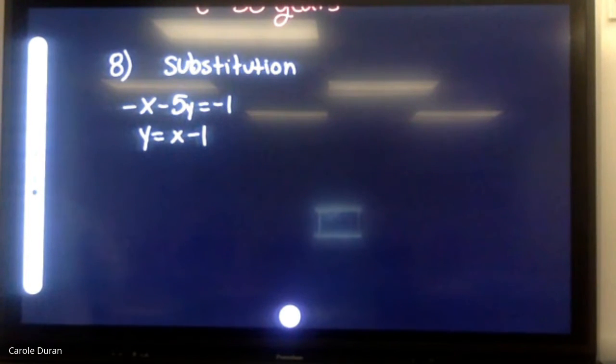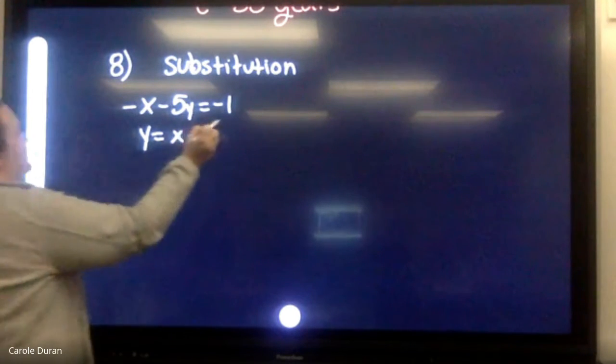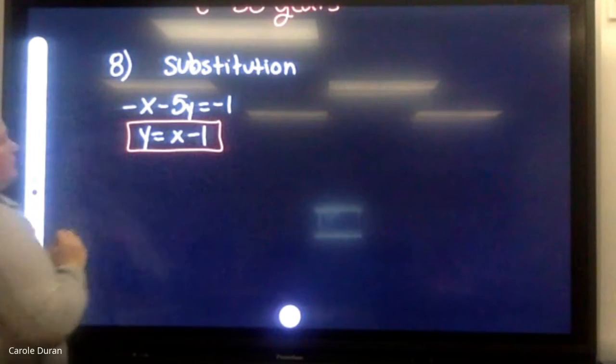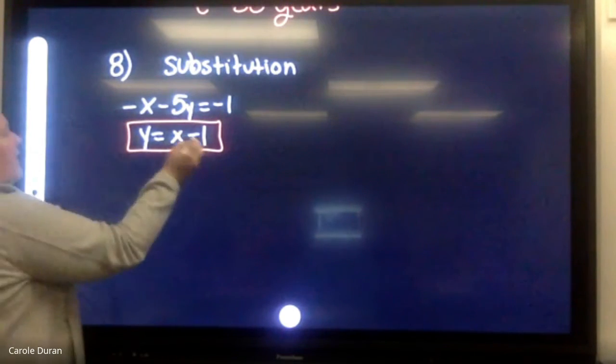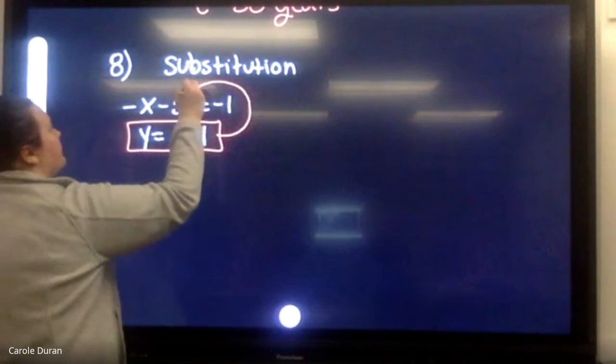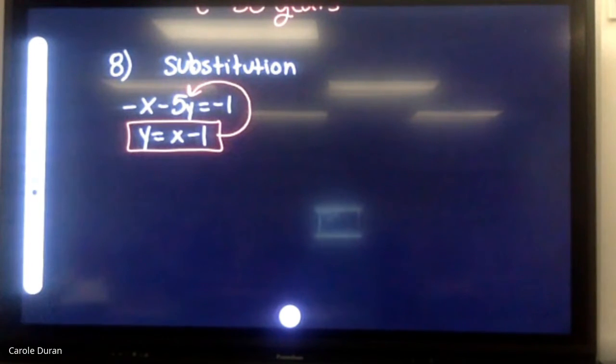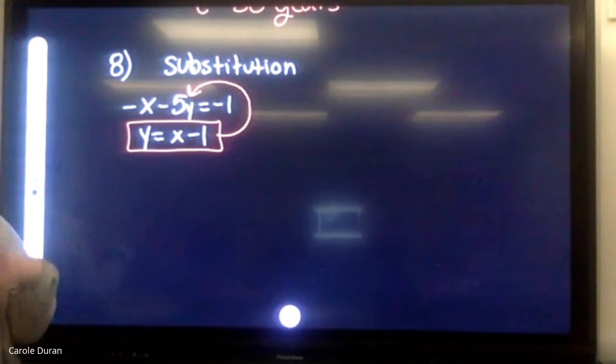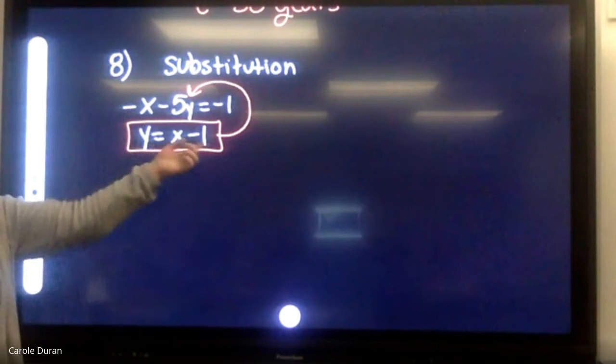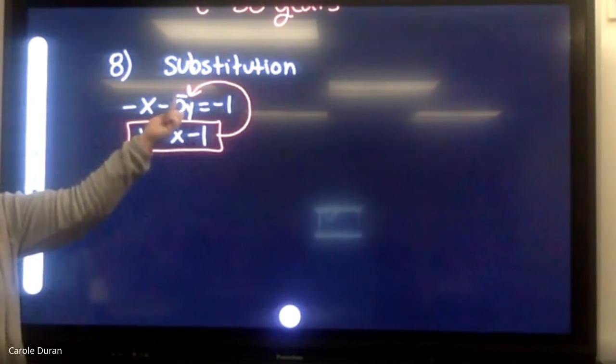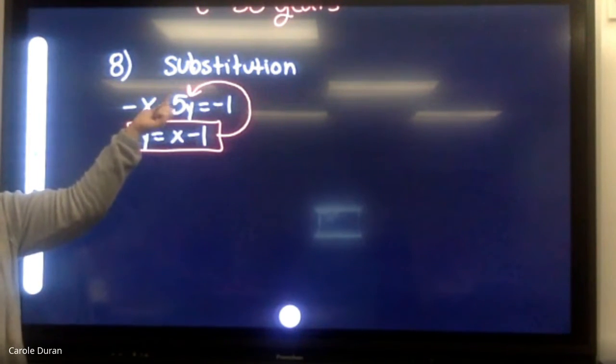So on substitution, we solve one of our equations for one variable. The really cool thing is this one is already solved for one variable. So then I take what that's equal to and I substitute it into the other equation, replacing that variable. So I'm going to take this x minus 1 and I'm going to put it where the y is in that first equation.